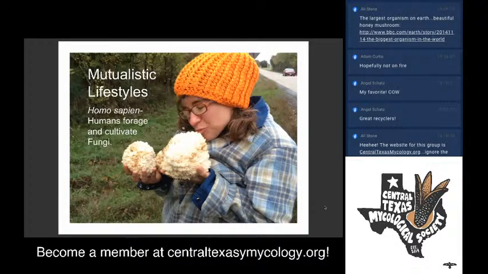I was visiting my parents for Christmas, and we spotted those from the side of the road. It was pretty exciting. So keep an eye out. Like I said, we like to cultivate them and we forage for them, and we've done that for a really long time, and they're a crucial part of human beings' survival throughout our evolutionary history.